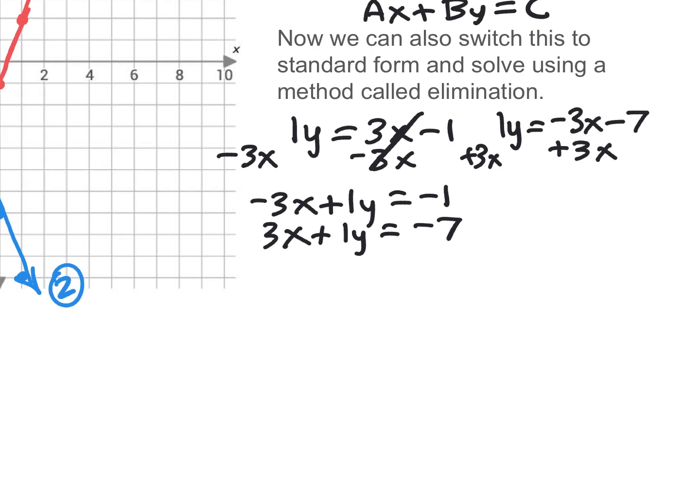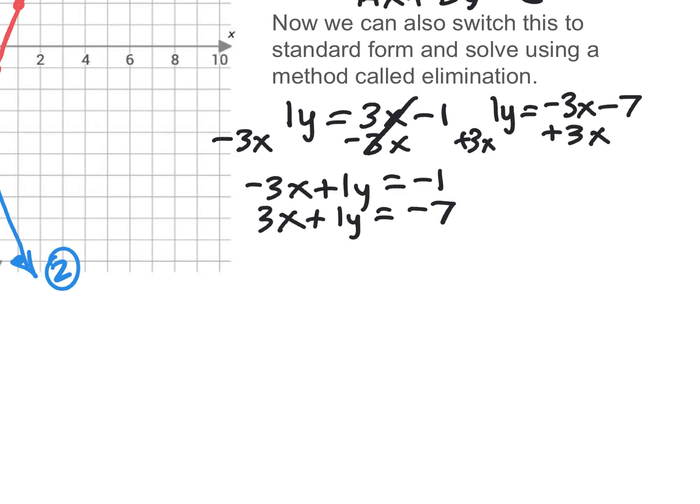Now I'm going to make this big for a minute so that you can notice something. If I were to do just a normal math problem of -3 plus 3, you would quickly see that that equals 0. So -3x plus 3x is going to cancel out.